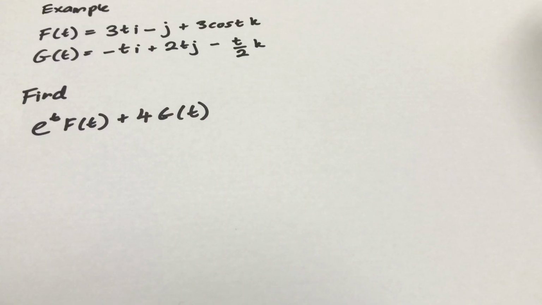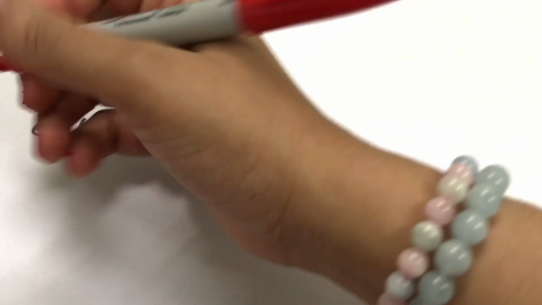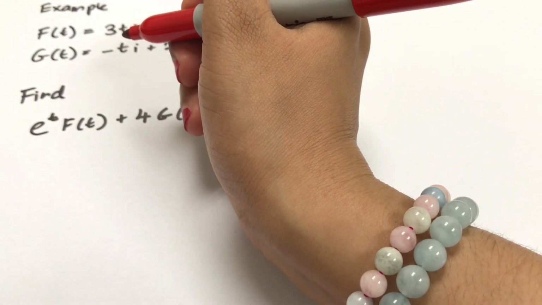To deepen our understanding, let's look at more examples. You are asked to find e to the t f of t plus 4 g of t. Since we are now experts, try to solve this in one go.